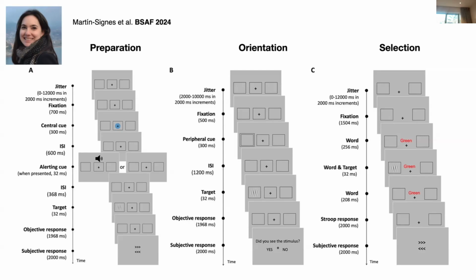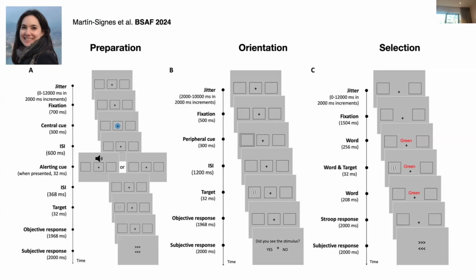This is preparative attention. Or you can give them a cue on the side where the target is going to appear by giving them mostly valid cues, usually 100%. So you say the target's probably going to happen on the left. And when it happens on the left, you're very fast to say it was on the left. But when I lied to you and told you it would appear on the right, and it happened on the left, you're slower. And that is the orientation of attention.